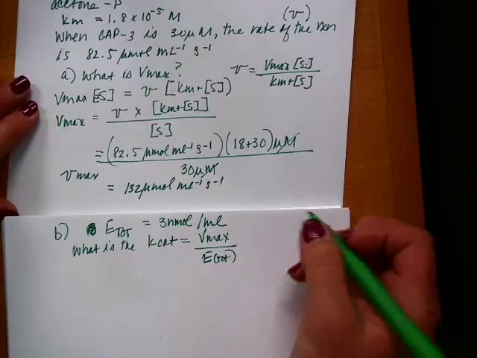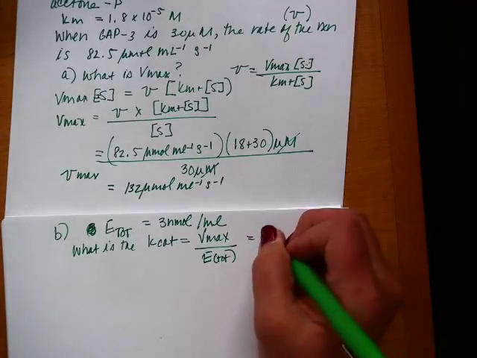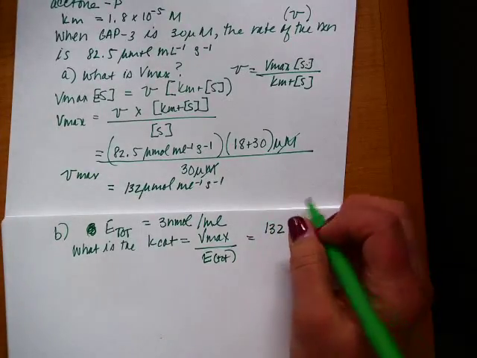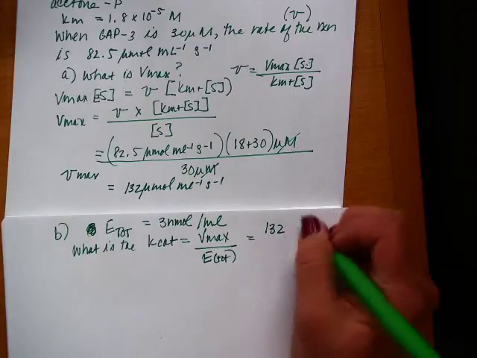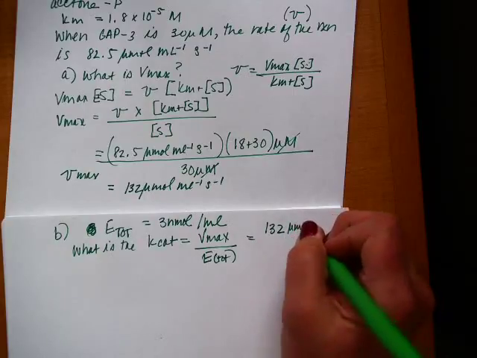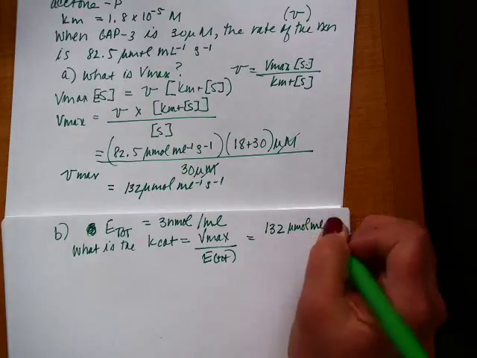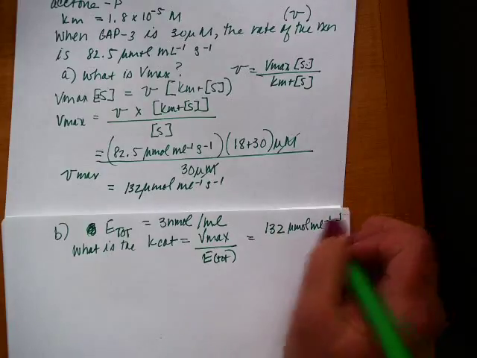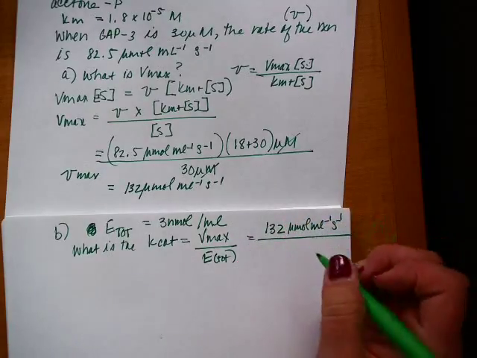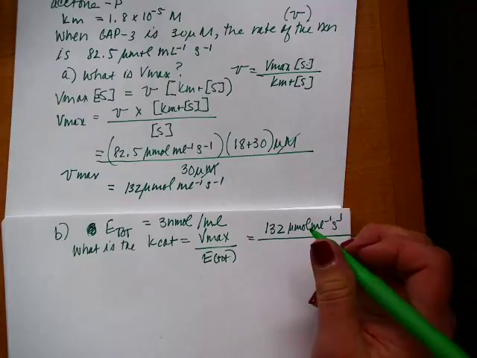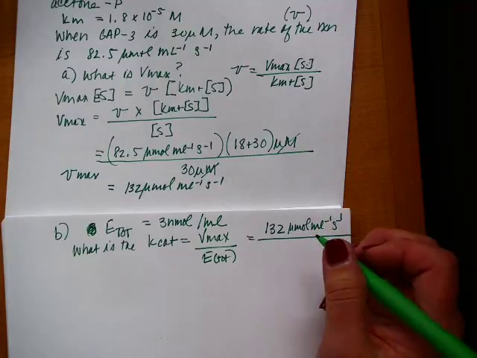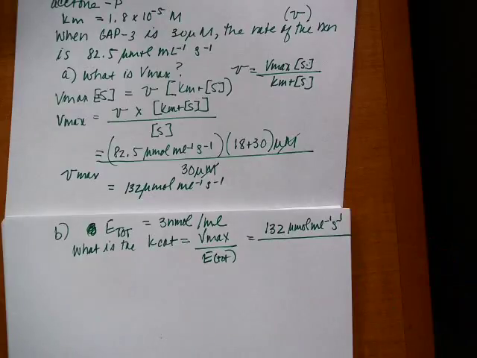We calculated Vmax to be 132 micromoles mil to the minus 1 s to the minus 1, and our E total, oh wait, problem here. Units.